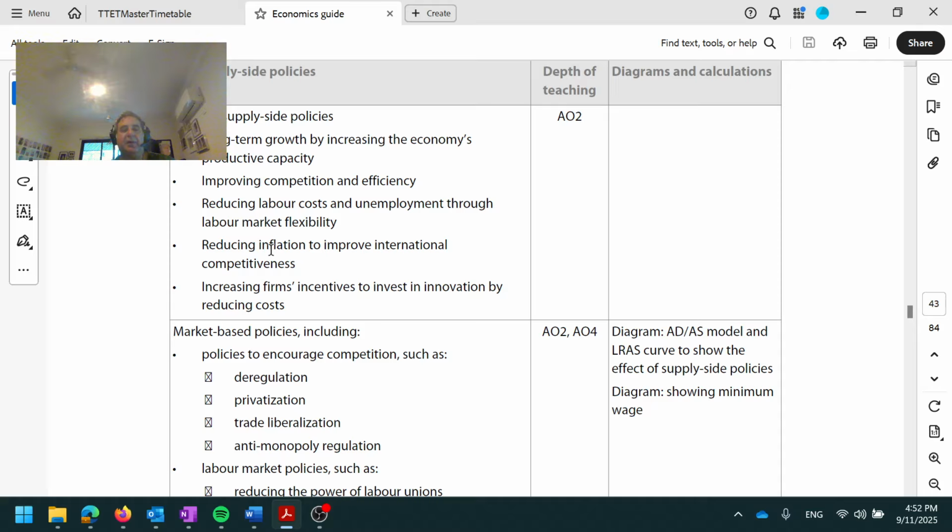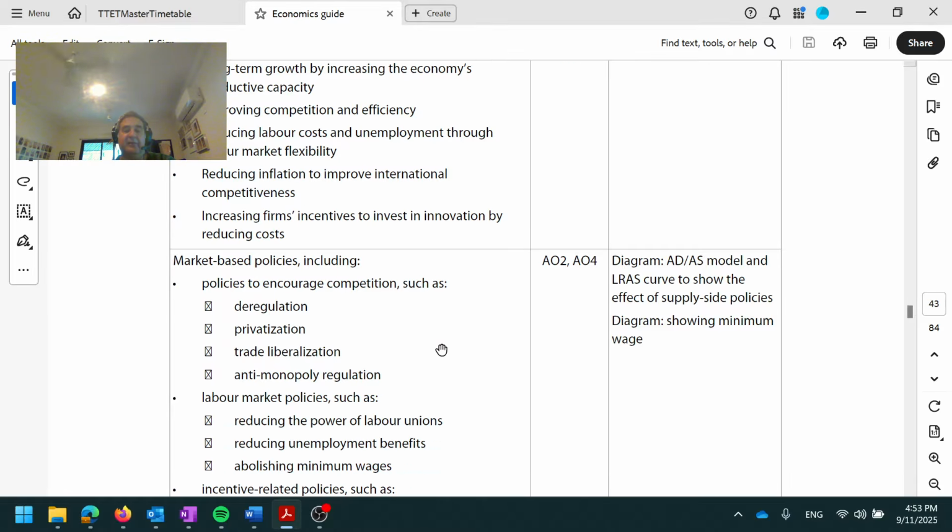Keeping inflation low in order to improve competitiveness, so it makes your exports cheaper and imports more expensive. And maybe providing some kind of concessions, tax concessions or subsidies to businesses to invest in R&D or innovation to lead to a reduction in costs.